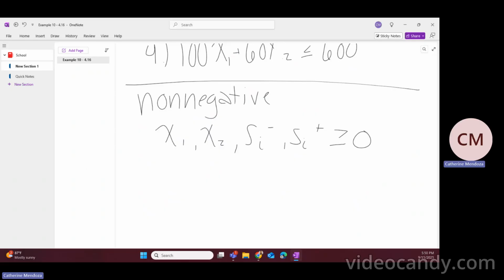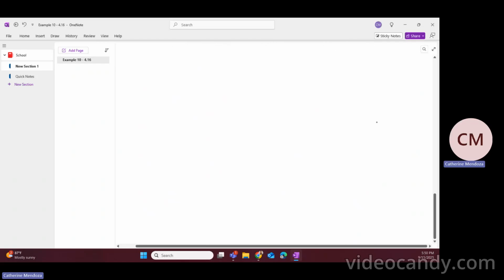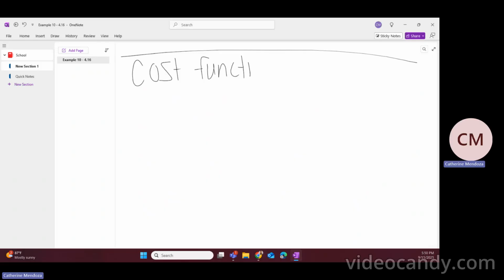Our last thing we want to look at now is our cost function. So looking at our cost function, we're trying to minimize.